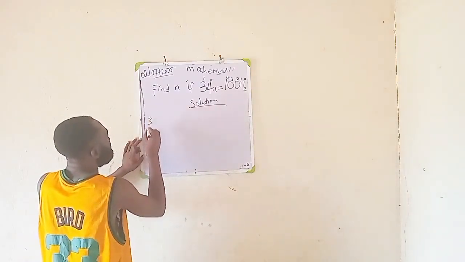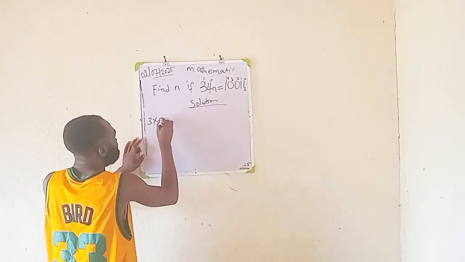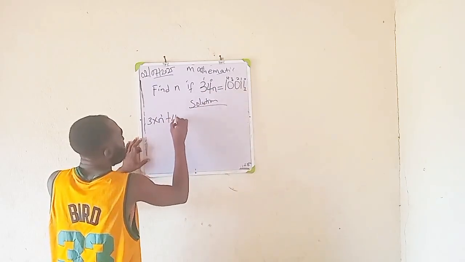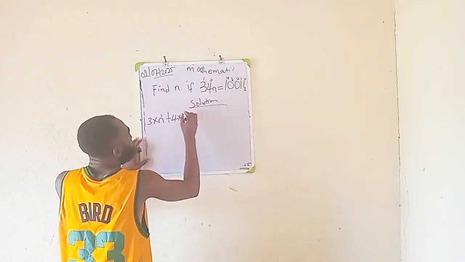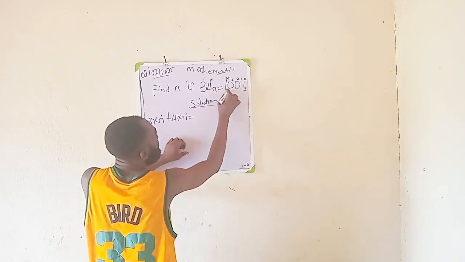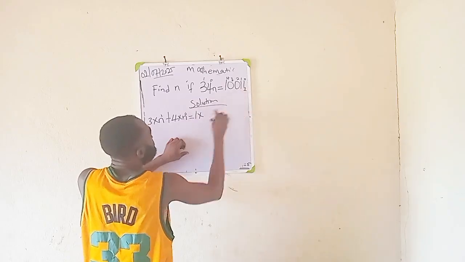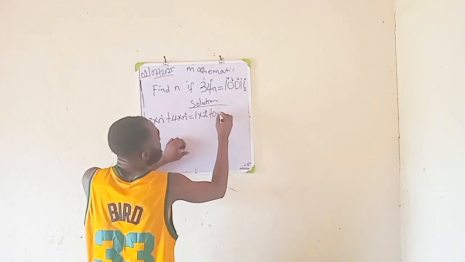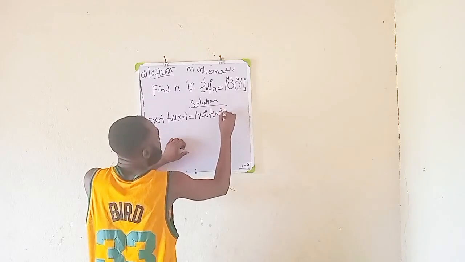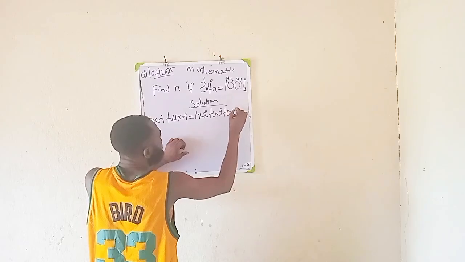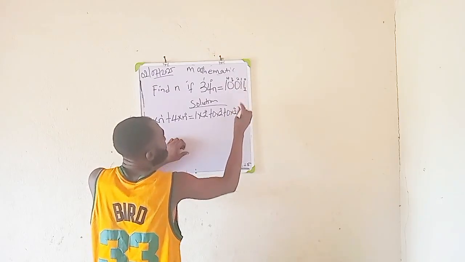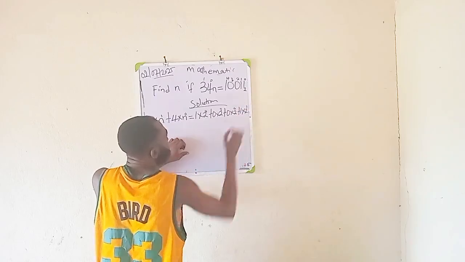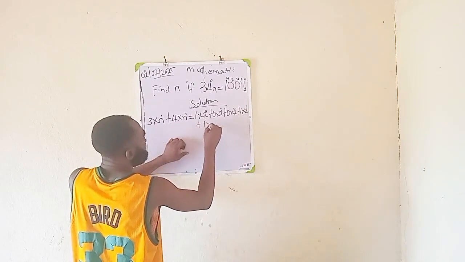So we have 3 times the base, which is n, raised to the power of the position, which is 1, plus 4 times n raised to the power of the position, which is 0, is equal to 1 times the base, which is 2, raised to the power of position 4, plus 0 times the base raised to the power of position 3, plus 0 times the base raised to the power of position 2, plus 1 times 2 raised to the power of 1, plus 1 times 2 raised to the power of 0.